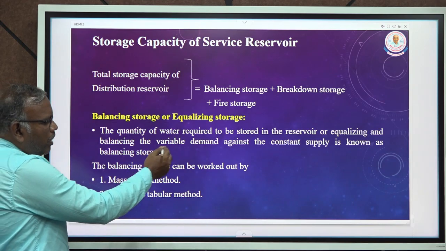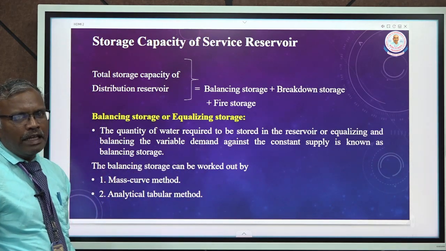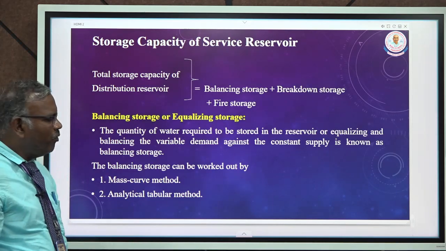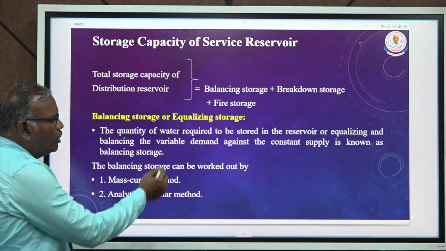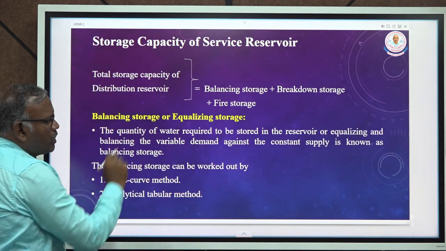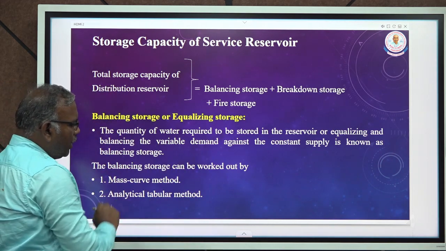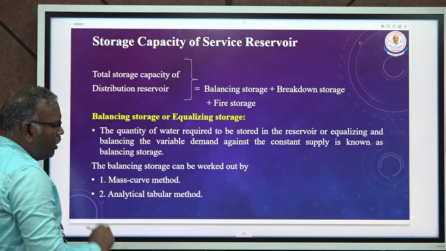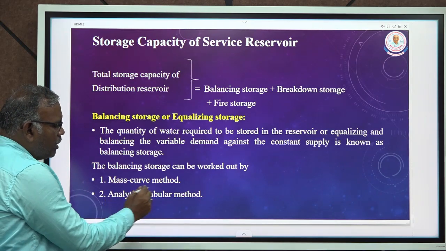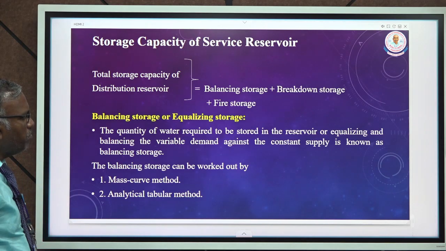That is, during early morning we will be using more, in the afternoon it will be less, and during evening time we will be using more water. So, this variation can be balanced using this service reservoir. Okay, this quantity can be computed by two methods. One is the mass curve method and another one is the analytical tabulation method.